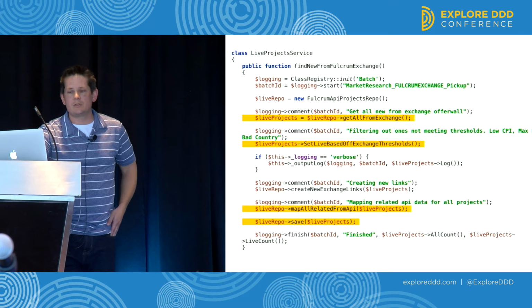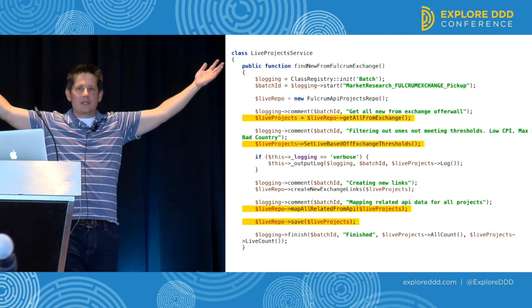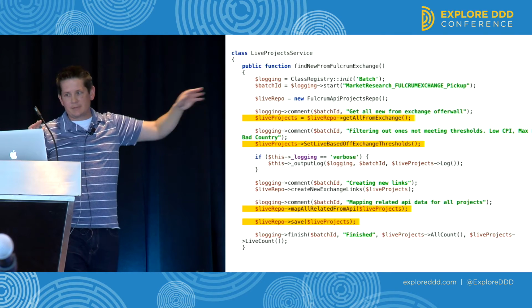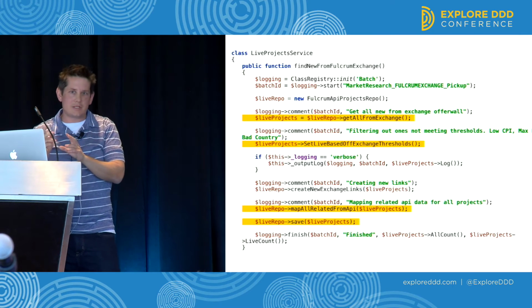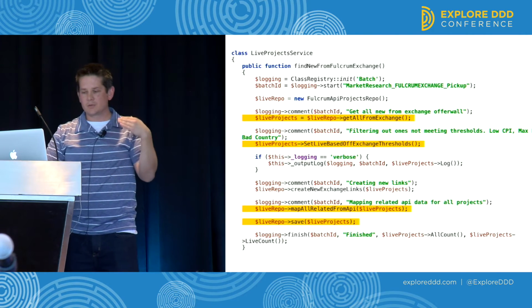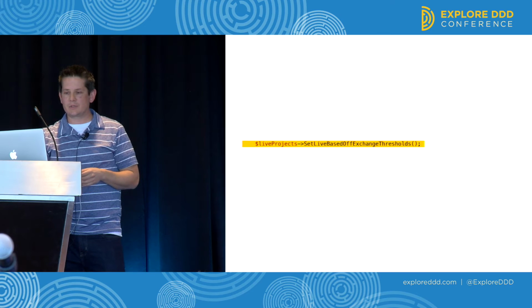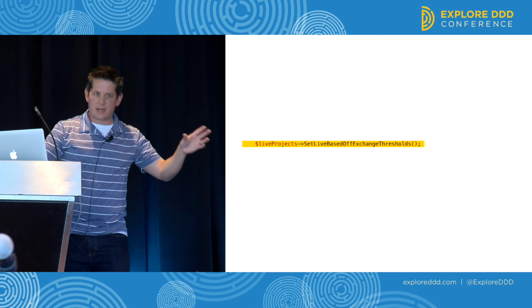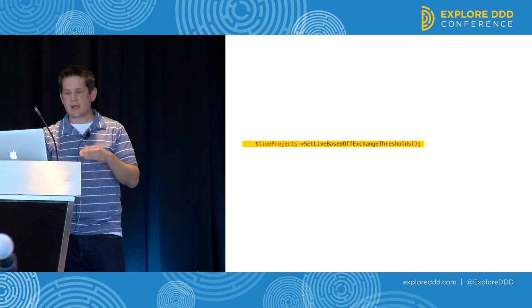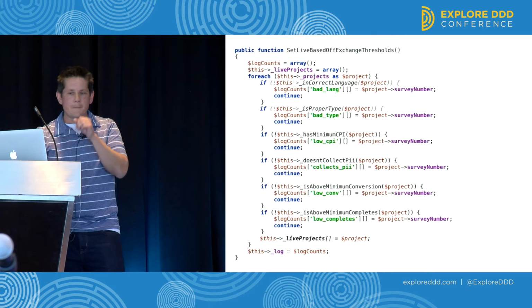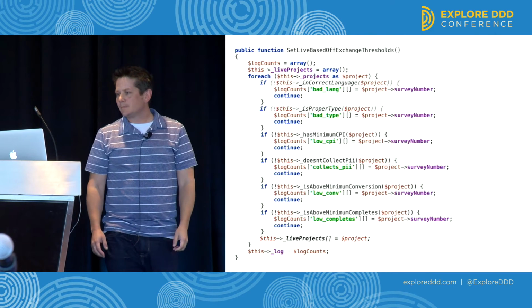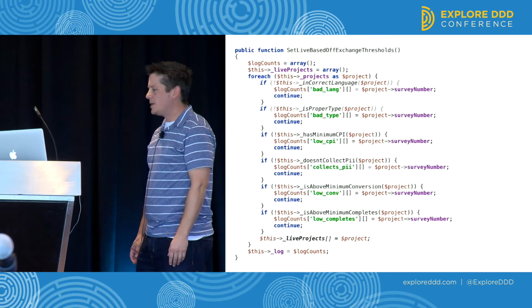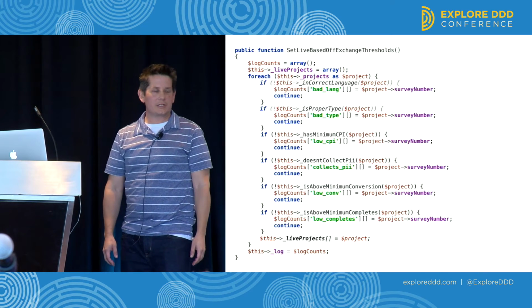So now we've got this huge list of surveys, and if you remember from the beginning, we only care about maybe 10% of those surveys. So we have business logic, and that's what we're doing with the aggregate. We're going to filter down all those surveys. And right here is all our domain logic now.